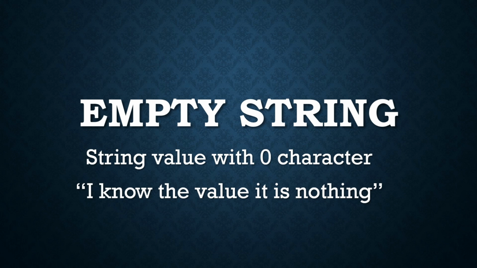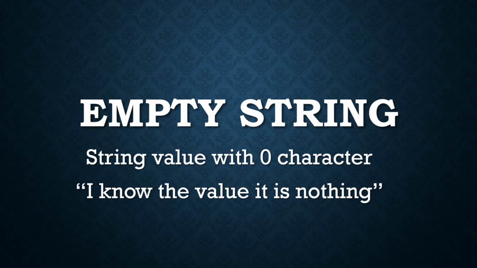We know that she does not have a middle name, that's why she is not filling it. So if you compare null and empty string, null is for not known, whereas for an empty string, we know it should be empty. We know that the field should remain empty. So this is the difference between null and empty string.